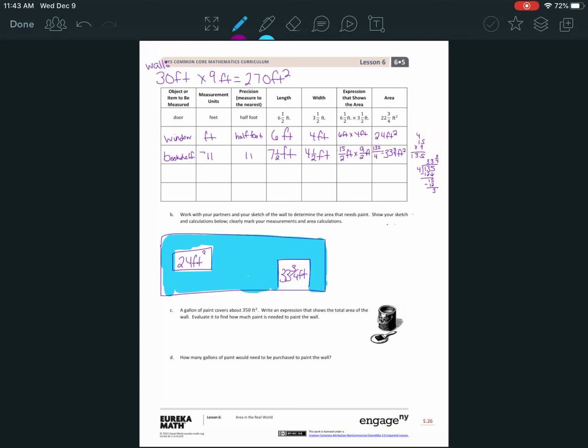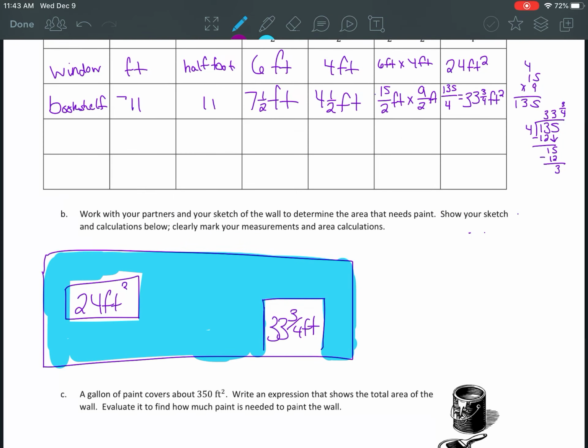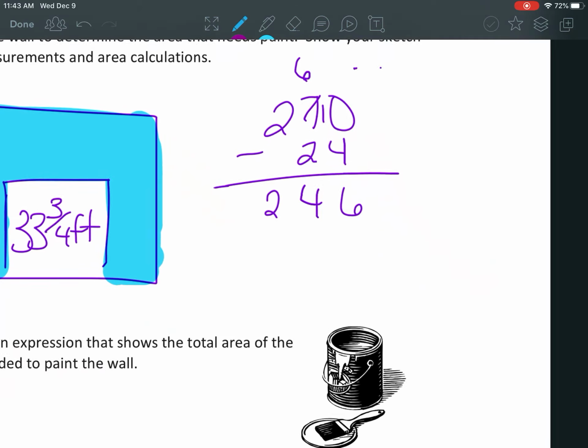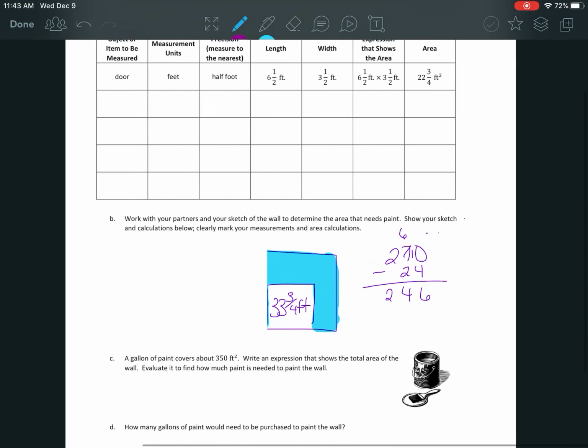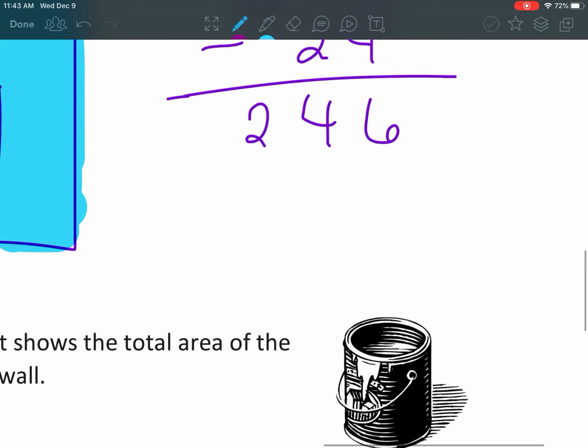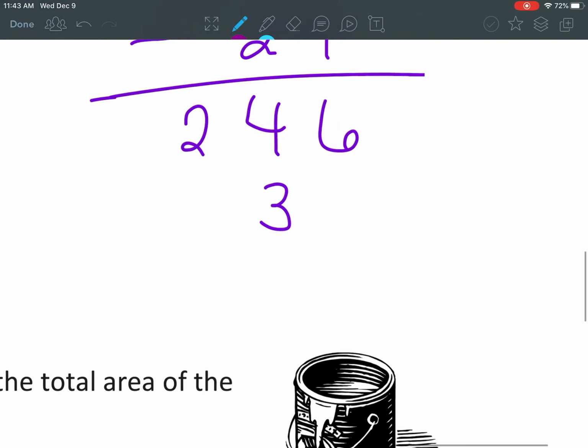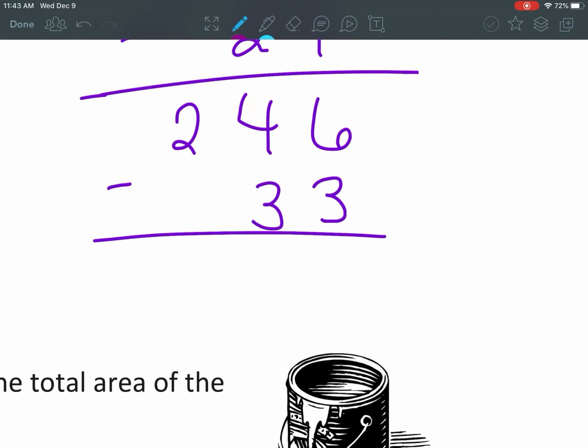So to find out what I just painted, I would do 270 minus 24, and that would be 6, 4, and 2. So I'd have 246, and then I need to subtract 33 3/4. So I'm going to start over here. I don't have any fourths, so we could write this as 0/4.